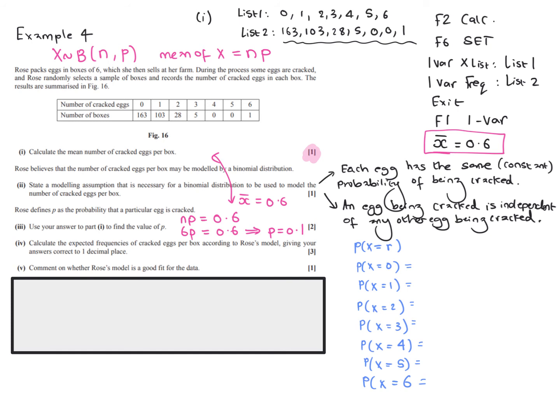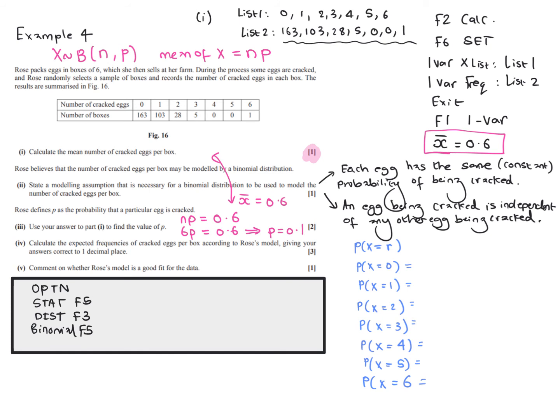So that's an actual button on the main body of the calculator, OPTN. After I've pressed that button, I need to choose the stat button, which is F5. And from there, we need to use the distribution button, or dist, which is F3. And from there, we can choose the binomial option, which is F5.